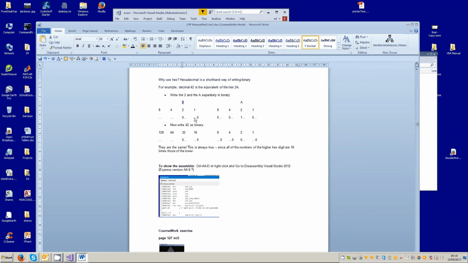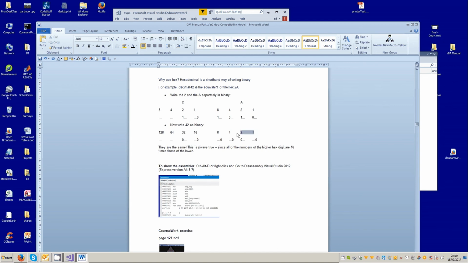If we want to represent 2, that is like a 1 here, and a 0 there. If we represent the letter A, then A is 10. So you put a 1 here and another 1 here. So that represents 10.